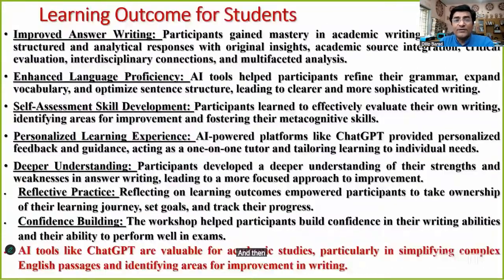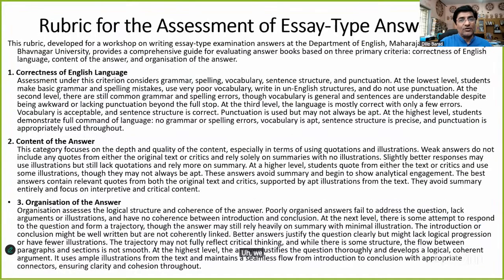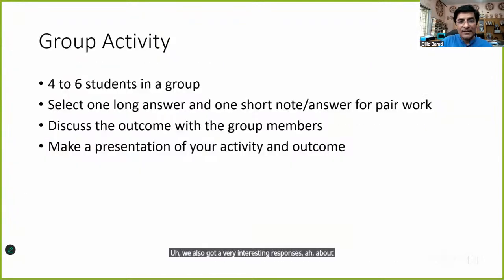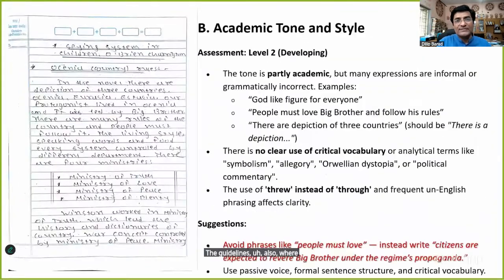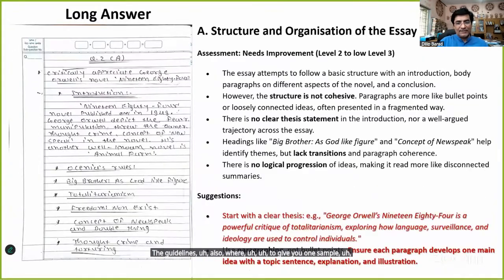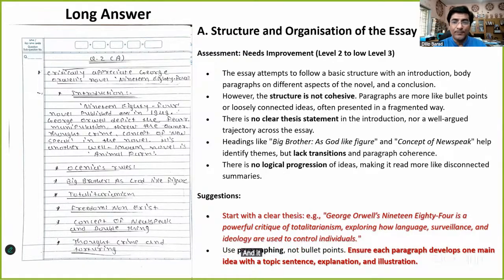And then when we worked with BAWE guidelines, we also got very interesting responses, where, to give you one sample example, for example, this is one answer by a student. And according to BAWE guidelines, it said level 2 to level 3, and it needs improvement.